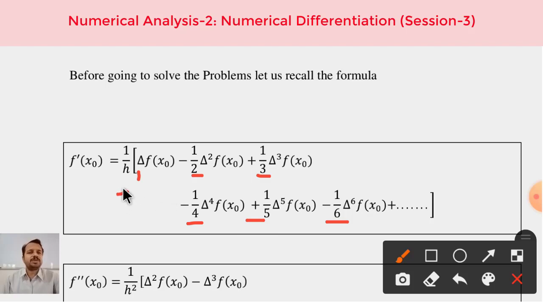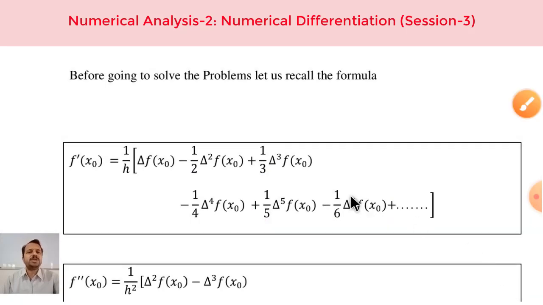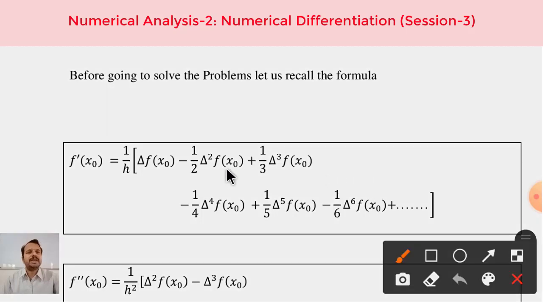And the signs, positive or negative: the first term starts with positive and then alternately negative, positive, negative, positive, and so on. So this is the technique you can use to remember the formula very easily. The first term has the first order difference, that is delta 1. The second term is delta square, and its denominator will be 2.